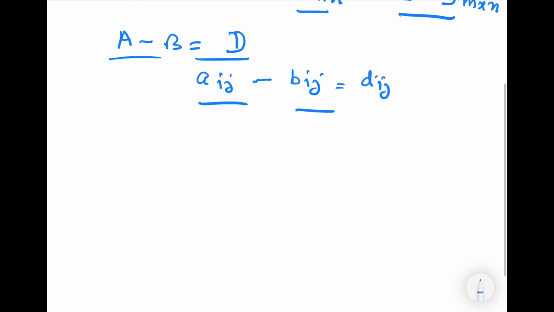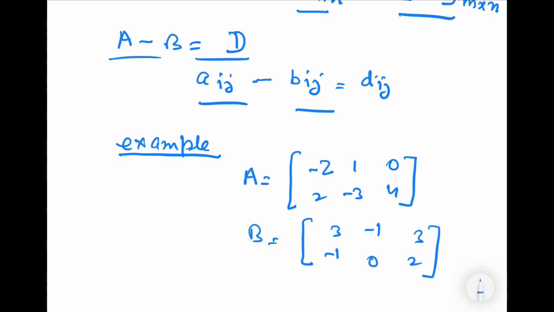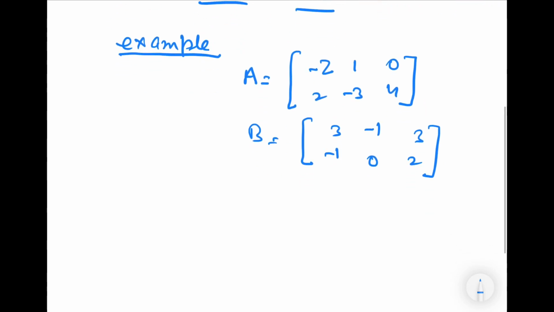Okay. Now, we have an example. If A is equal to minus 2, 2, 1, minus 3, 0, 4 and B is equal to 3, minus 1, minus 1, 0, 3, 2, then if we want to calculate 2A minus B, how do we calculate?